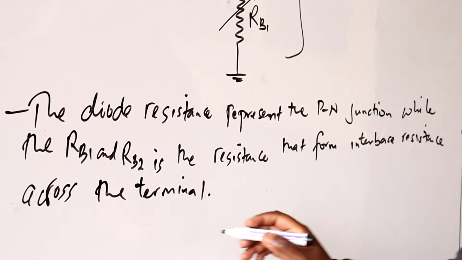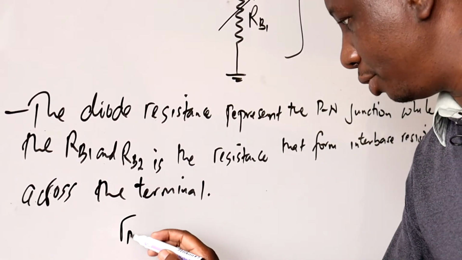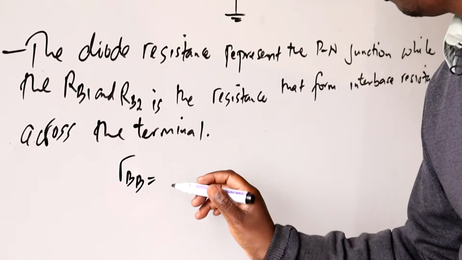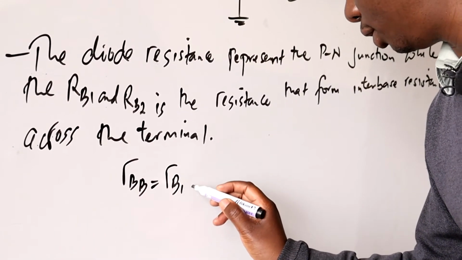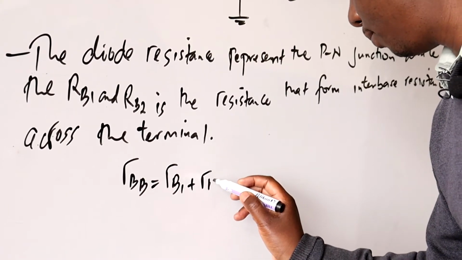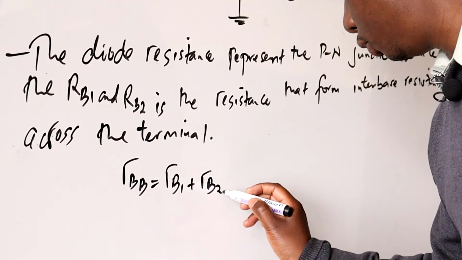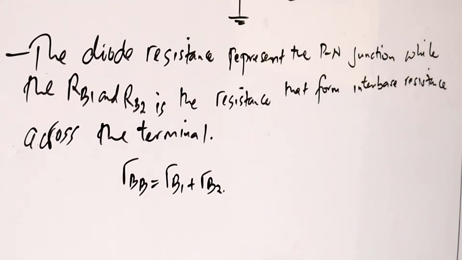Therefore, from the electrical analysis, RBB is RB1 plus RB2. So RBB is the interbase resistance.